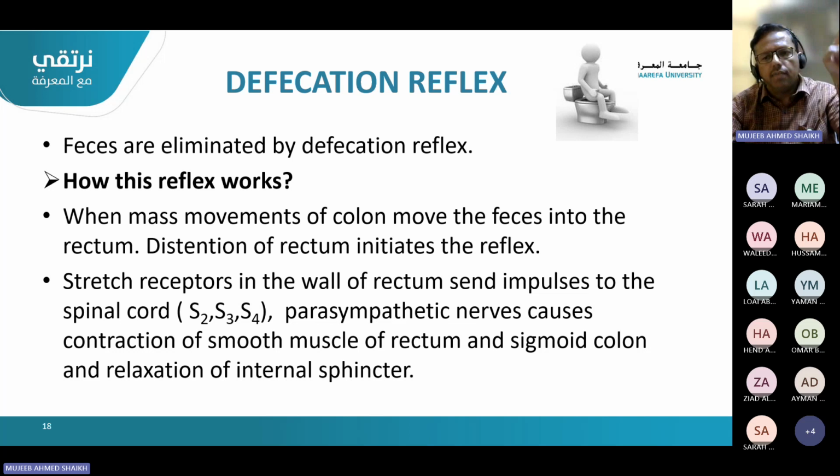From there, the command will come to the external anal sphincter, which is a voluntary or skeletal muscle, and this will cause relaxation of the rectal muscle, causing defecation to occur.